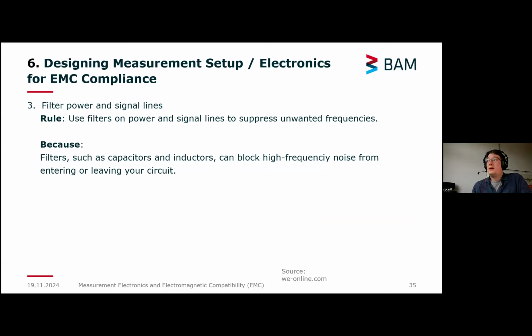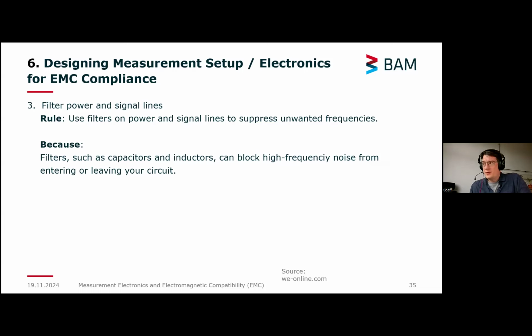The 50 hertz frequency is one part you don't want to have included in your signal lanes. But if you have many devices in a department, for example, many of them might emit some noise on the power line itself, which can be picked up by your measurement electronics.